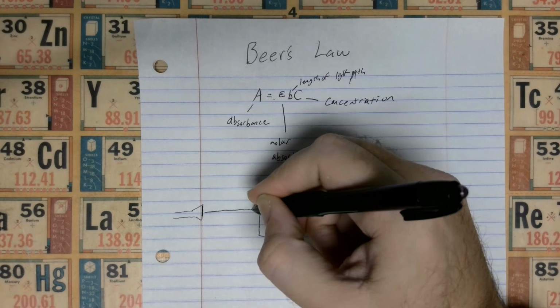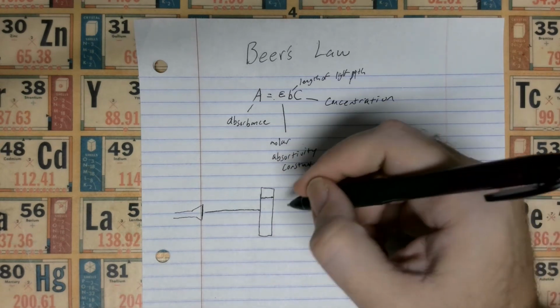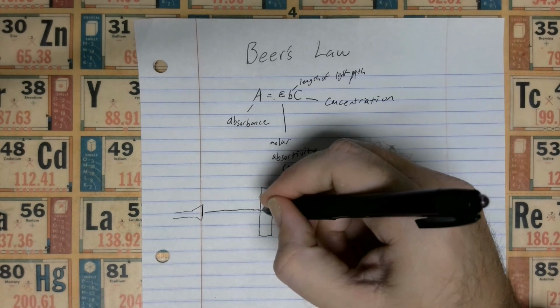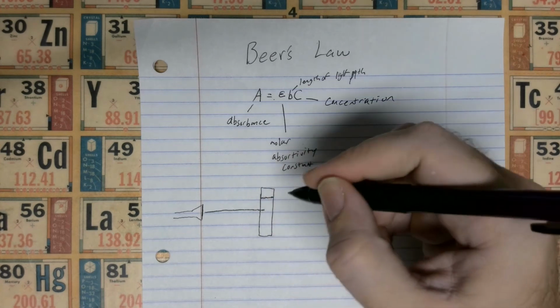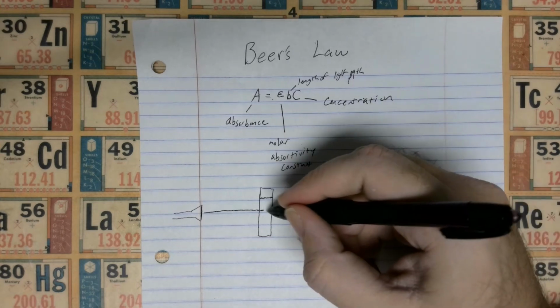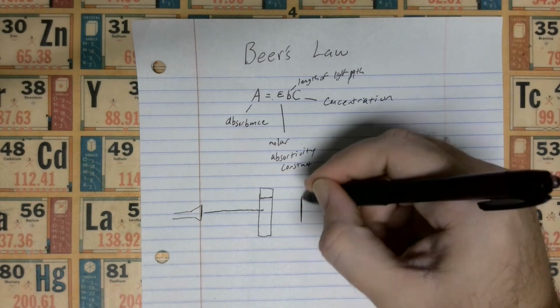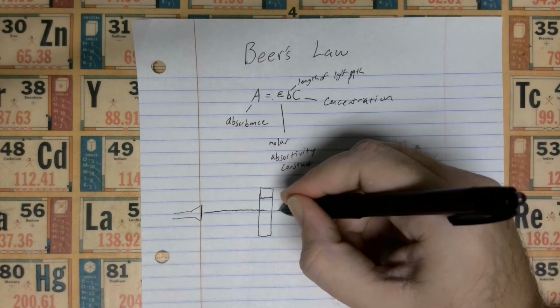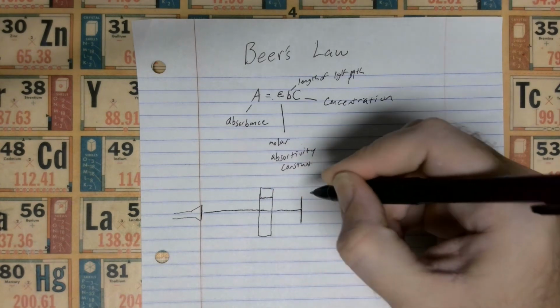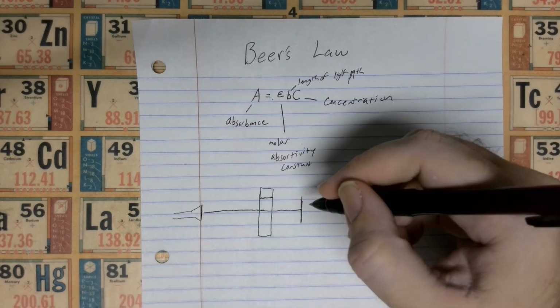We're going to shine light through it, and then the solution has to have some sort of color. And what happens is when the light hits the solution, it's going to absorb some of the light. And then over here, you're going to have a detector that's going to detect the beam of light and how much light passes through the solution.